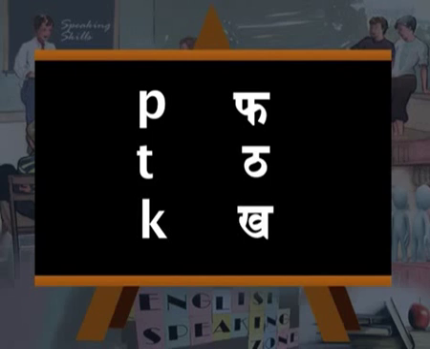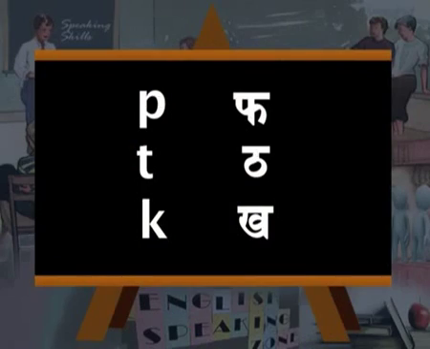That means, when we come across these sounds, we use the aspirated sounds, P, T and K. That means they are said with great breath force. They should be pronounced with a greater breath force in only one situation, not always. And that situation is when these sounds occur in the initial position of stressed syllables.